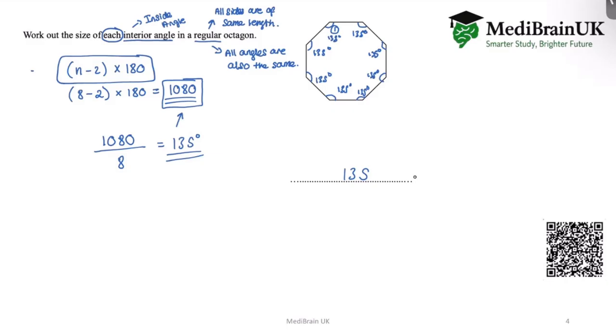We've used the formula n minus 2 multiplied by 180, which gave us the sum of all the angles. Now we want to work out each individual angle, so you divide by the number of angles, and there are 8 angles, so we divide by 8, and that gets you the size of each individual angle.